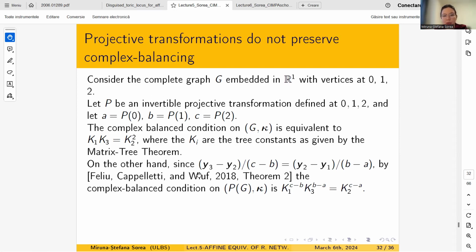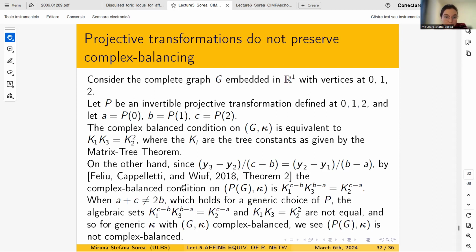By the fact that we get these ratios that we can find here, directly applying this theorem, I don't state it here, we just get that the complex balance condition for the image is given by this equation. A, B, and C are these images from our invertible projective transformation.